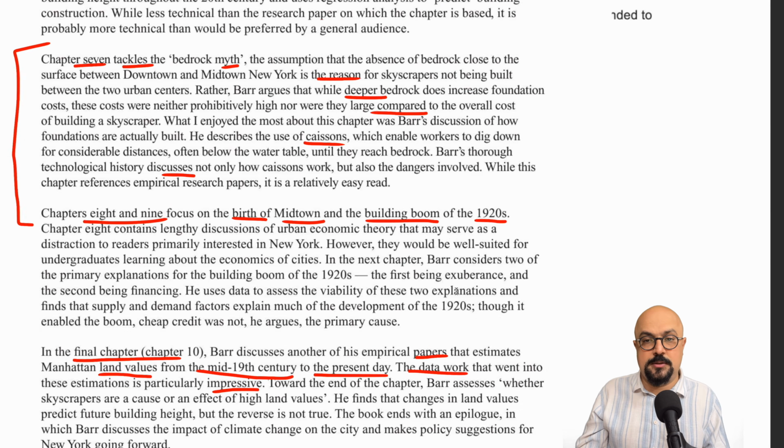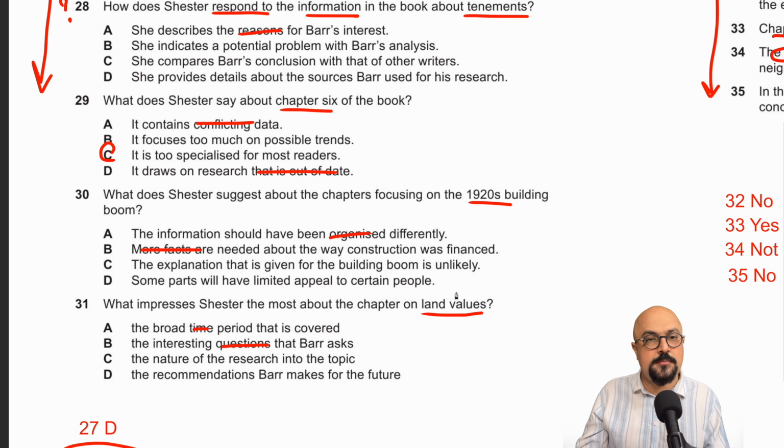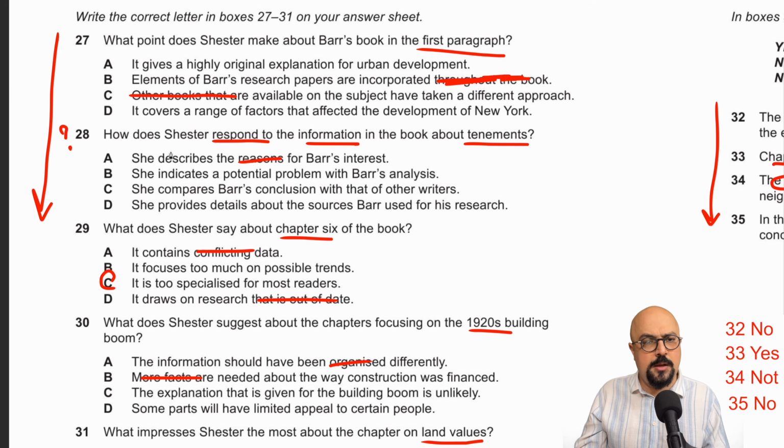Now the question says, yeah, the potential problem. Say she was not happy, so she had a problem with that. Comparison mechanisms, I don't know. Provides details about the sources. No, at least I didn't see that.